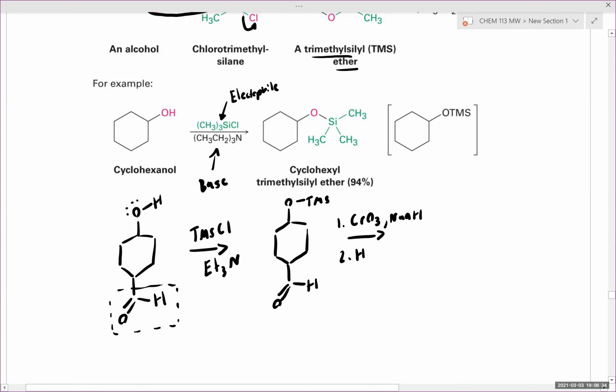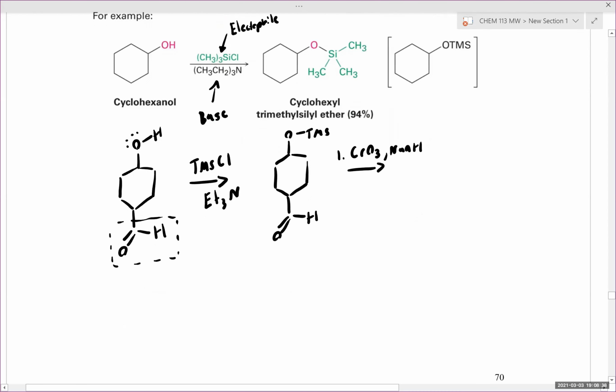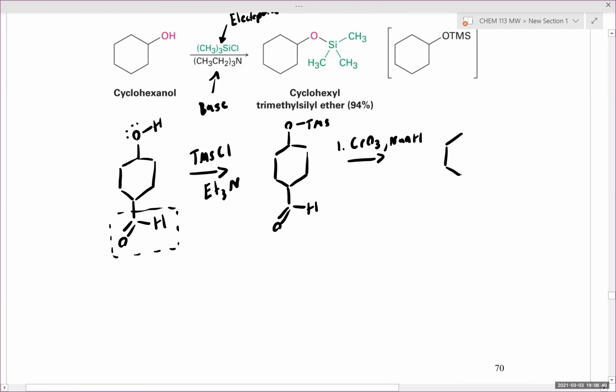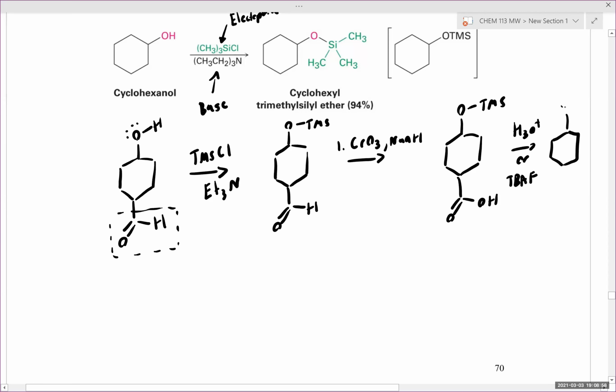And then from there, what we notice is because our alcohol is protected, we will only react our unprotected aldehyde. So this gives us a wonderful method to enforce chemoselectivity. And in the end, we can just remove our protecting group at the end of this synthetic sequence.